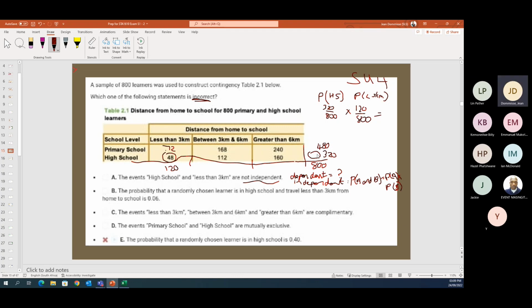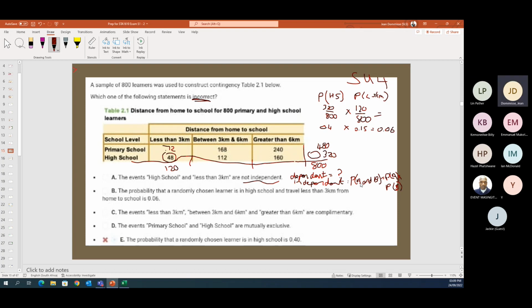Okay, so 320 divided by 800, see, this takes a lot of time, is 0.4, times 120 divided by 800, which is 0.15. So that is 0.06.